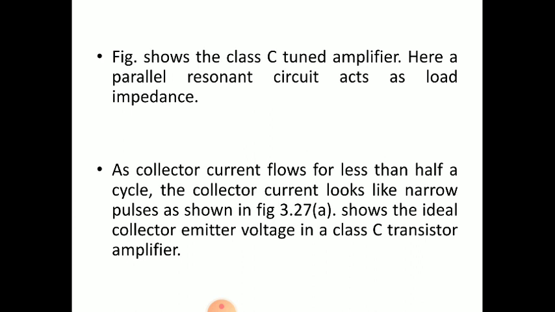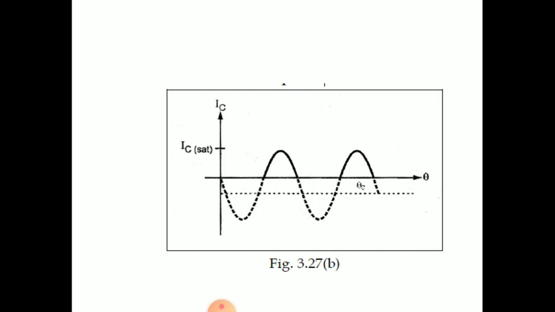As collector current flows for less than half a cycle, the collector current looks like narrow pulses, as shown in figure 3.27b. See, collector current flows for less than 180 degrees. The continuous line is the part less than 180 degrees. The dotted line completes the cycle.